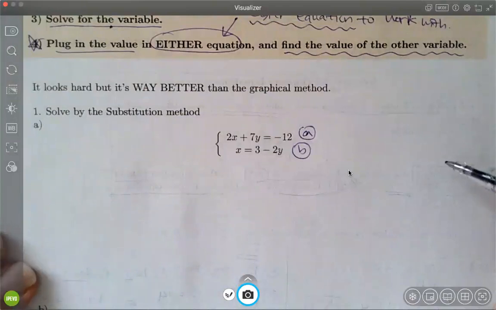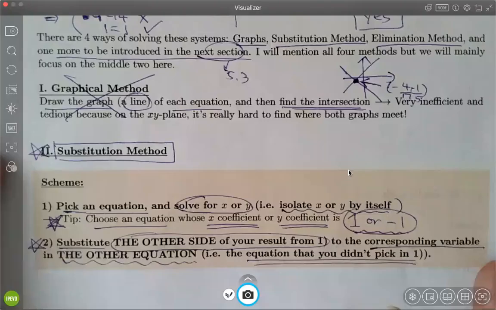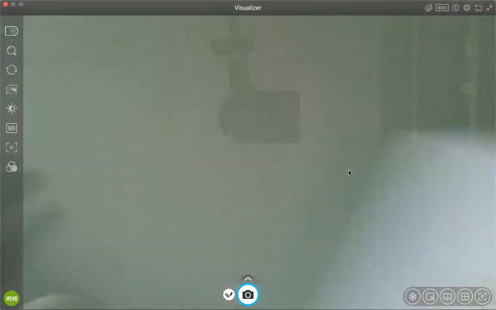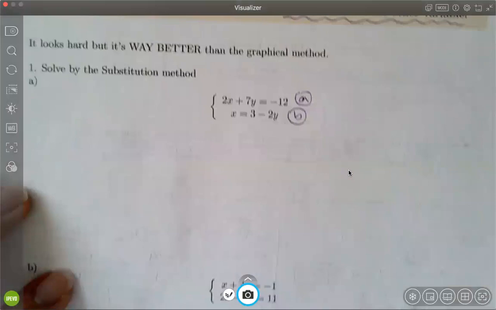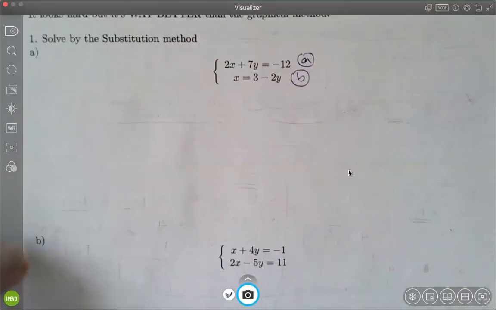Now, the substitution method says what? Step number 1, isolate x or y in one of the equations.